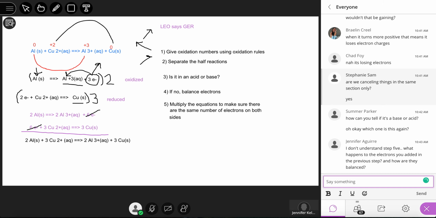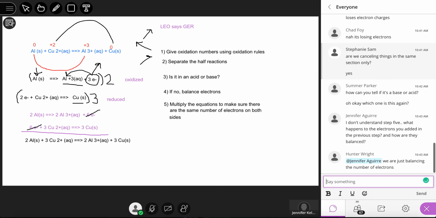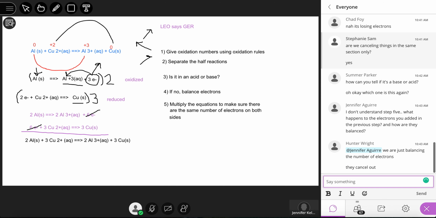All right. Okay, so I don't understand step 5. What happens to the electrons you added in the previous step and how are they balanced? Okay, so what you're doing is you're looking at the number of electrons here and here.